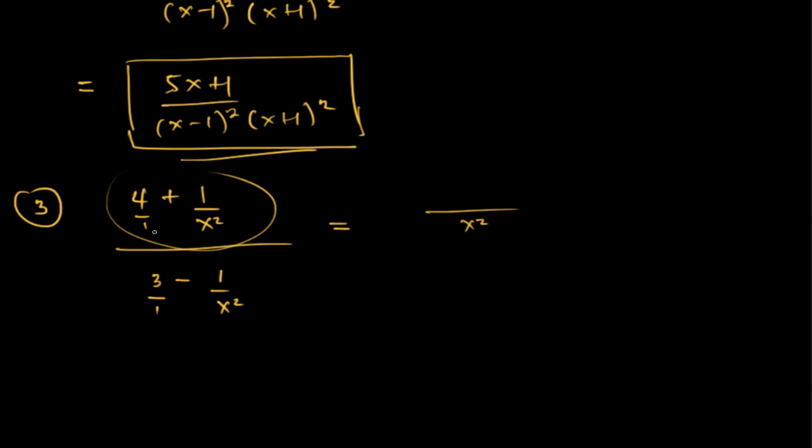Now x² divided by 1 is x², times 4, then plus x² divided by x², that's 1, times 1, that is 1. Then all divided by, when we find the LCM of 1 and x², we would have x². Now x² divided by 1 is x² times 3, that is 3x².